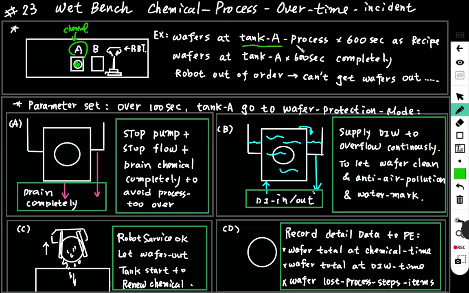The process time by the recipe is 600 seconds. And after 600 seconds, the wafer at tank A has completely reached the 600 seconds process time.